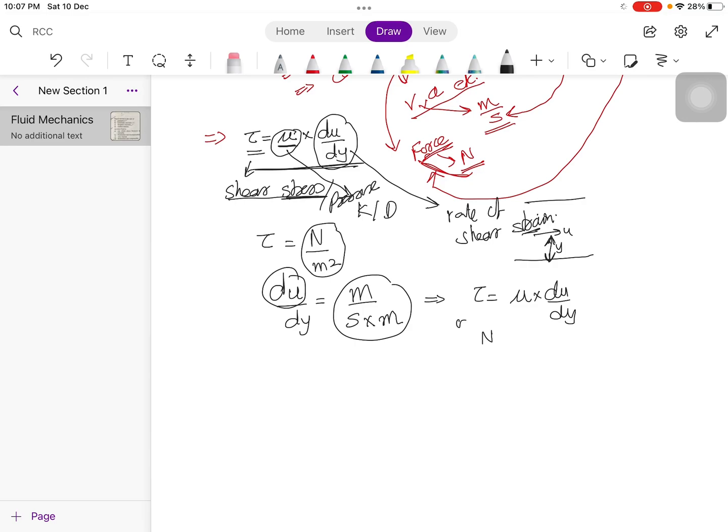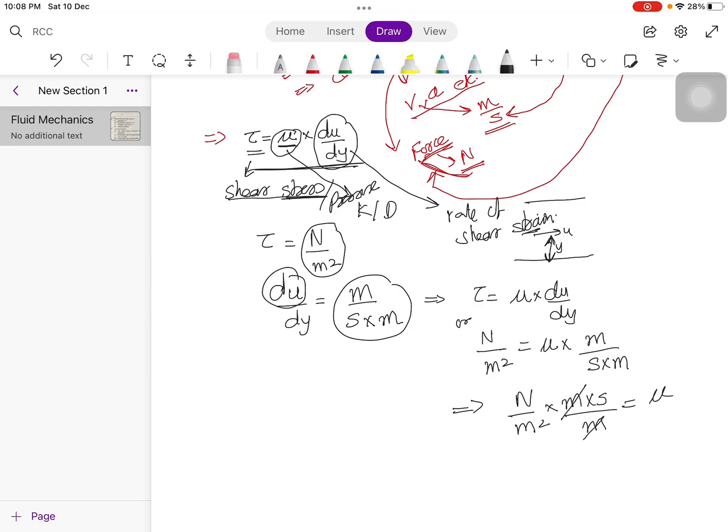or Newton per meter square equals mu times meter upon second times meter. So if we rearrange this equation, we get Newton per meter square times meter times second upon meter is mu.